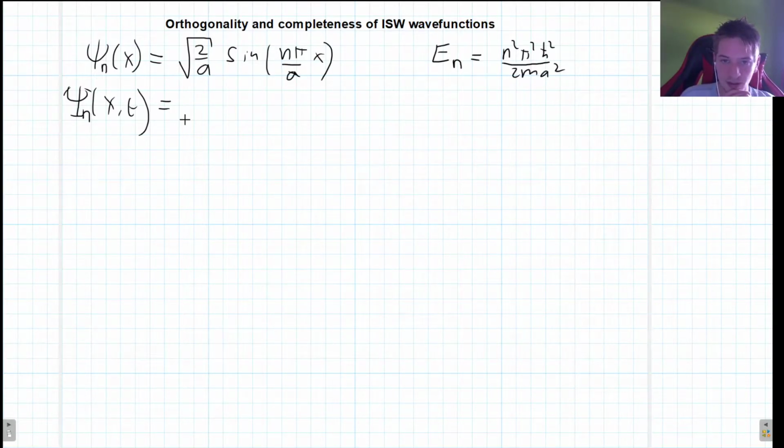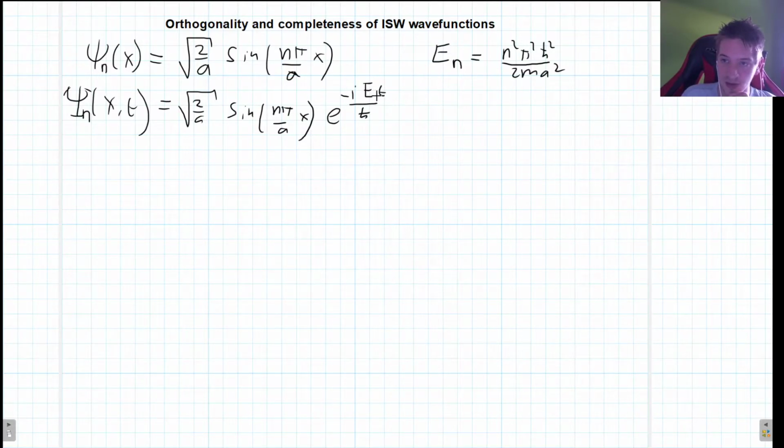So when we put this into this wave function that also considers the time factor, we get the following results. Now all of this is something that we already showed. If you don't know why this is, you can just go back to the previous video, and this is going to be times e to the minus i En t over h bar.